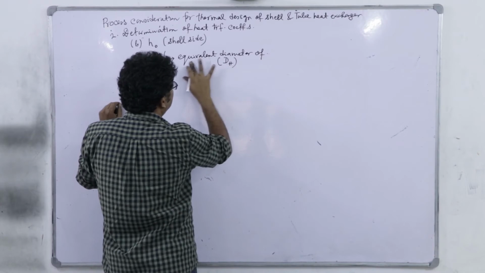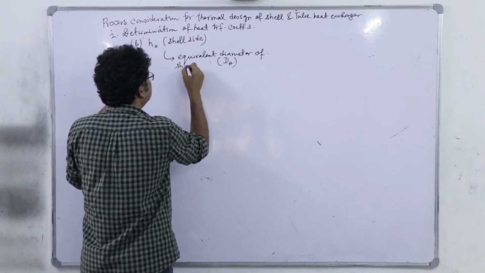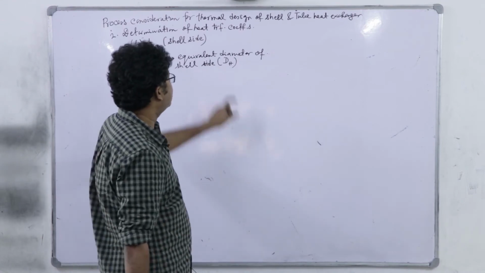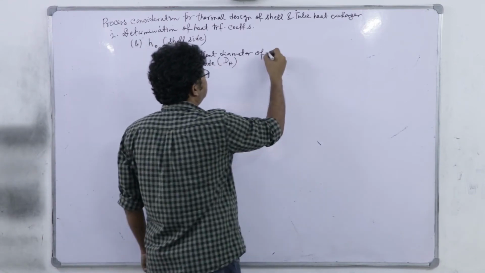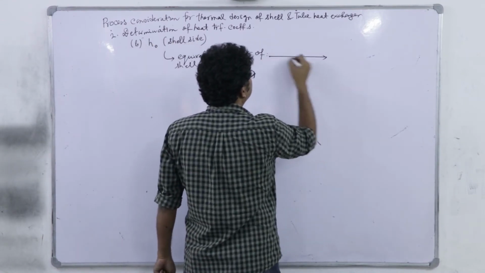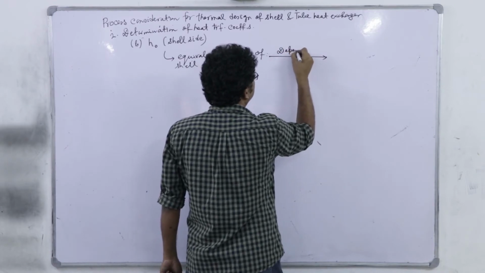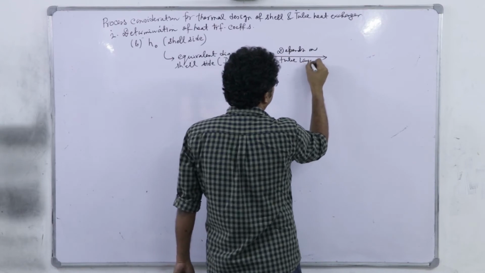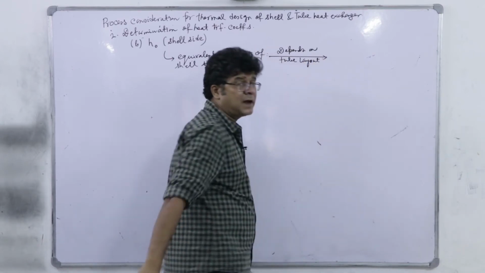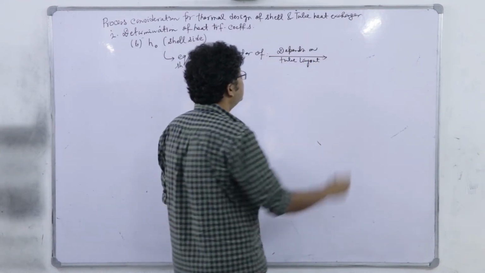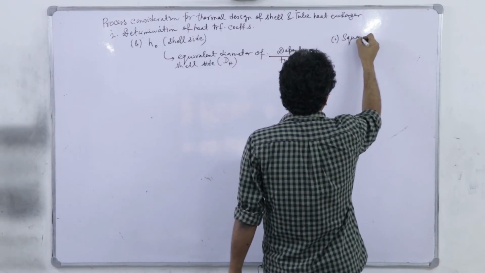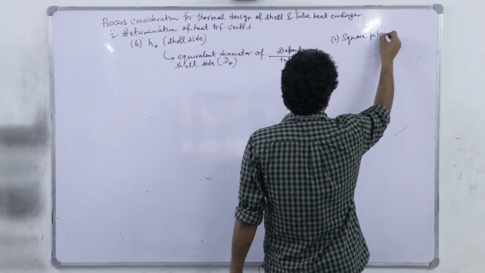So, that DH depends on tube layout, that is whether it is a square pitch or a triangular pitch. Now, let us have the calculation for square pitch and triangular pitch separately.